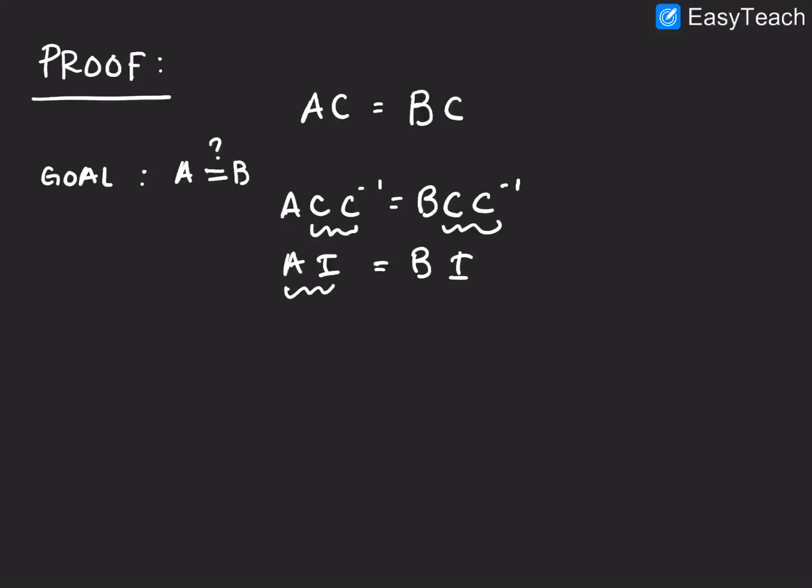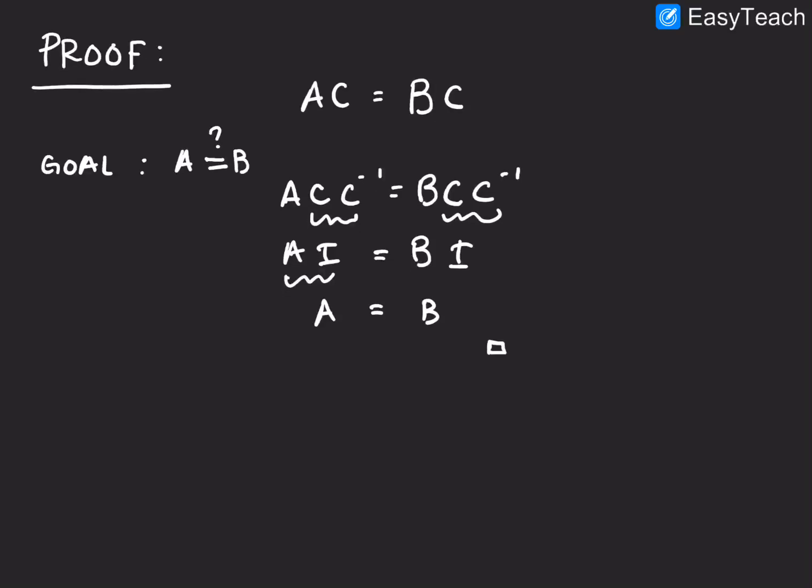And A times an identity matrix is just A, and B times the identity matrix is just B. So in the beginning, we could not simply just divide by C because matrices don't do division. Basically, matrix division is basically the inverse. Okay? And this is done.